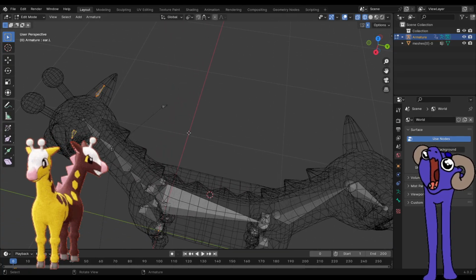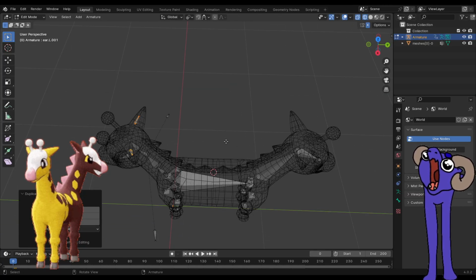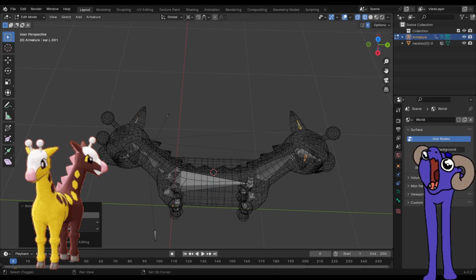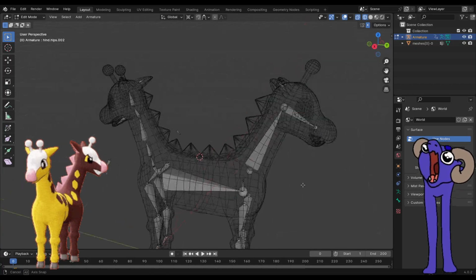Also, I can cheat with the ears a little bit. If I duplicate these and then I rotate around the 3D cursor by 180 degrees, and then I change your parent to be this. Boom.